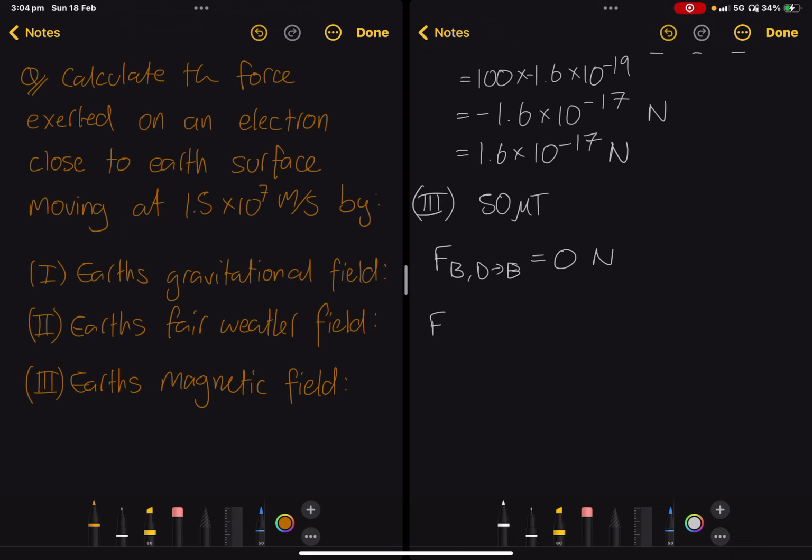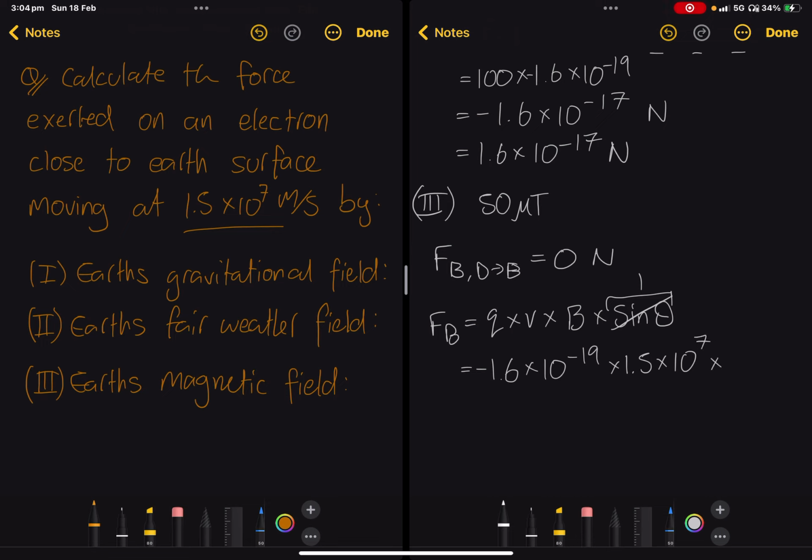So we have F of B equal to the charge times the velocity times the field times the sine of the angle between them. We're going to assume this is 1 in this case. So we get the charge, which is minus 1.6 times 10 to the minus 19, times the velocity we were told was 1.5 times 10 to the 7. Then we need to multiply this by the field.